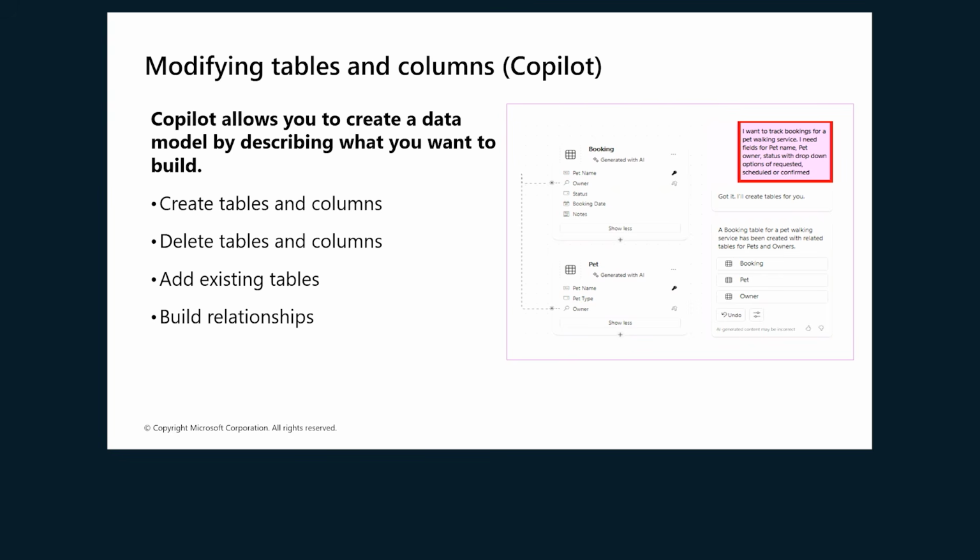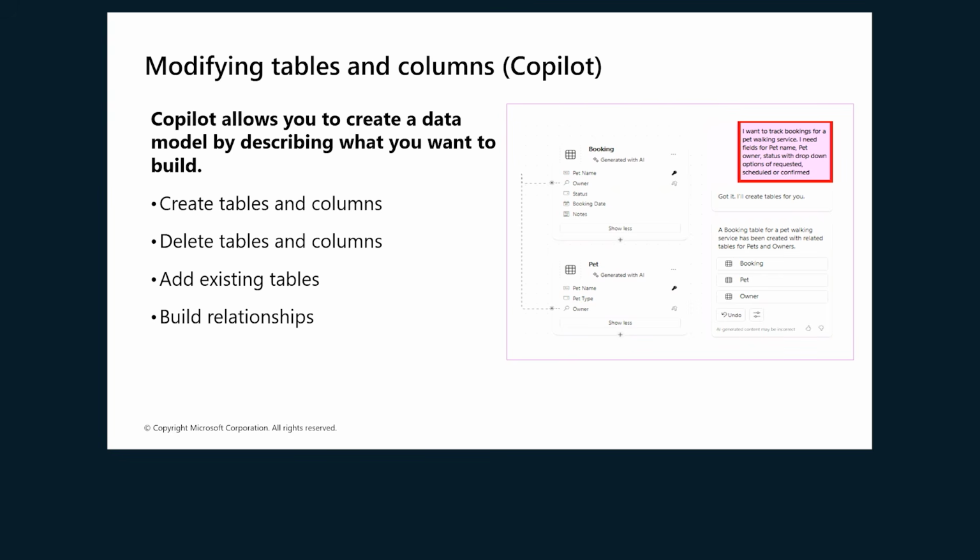On the right, we see how Copilot interprets user input and generates a relational data model. This includes drop-down fields for status options and linked tables for owners and pets. Use cases include small businesses setting up customer and service tracking systems, or developers rapidly prototyping applications.